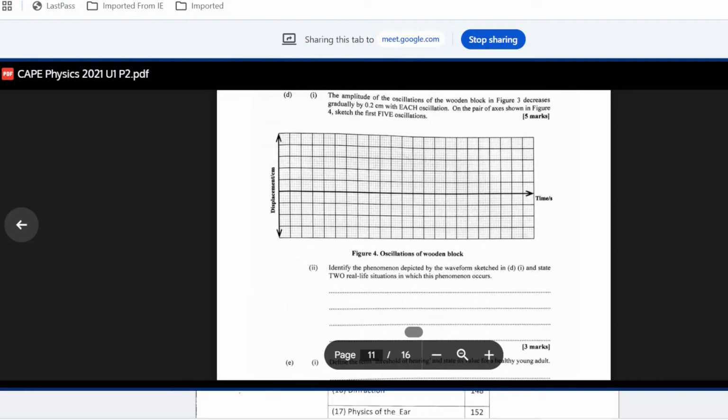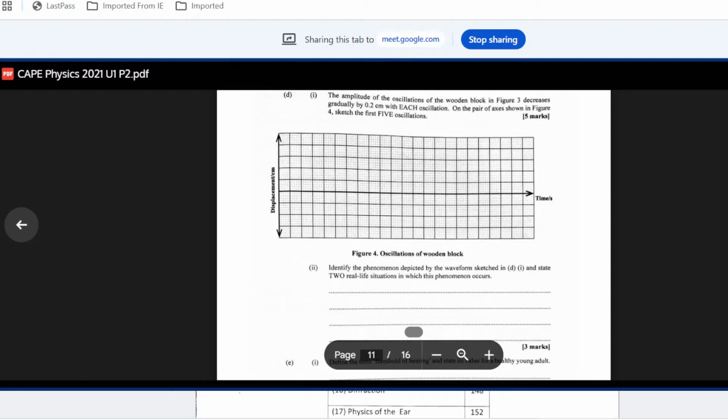If you're starting at 2, you should have a positive 2 and a negative 2, and then you decrease in the next cycle. So the next one is 1.8 and 1.8, and then 1.5, 1.5. It should be a gradual decrease.